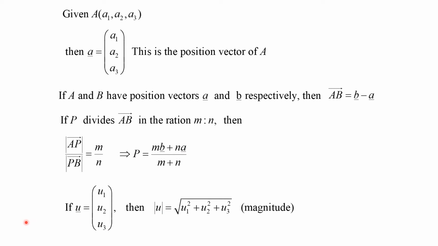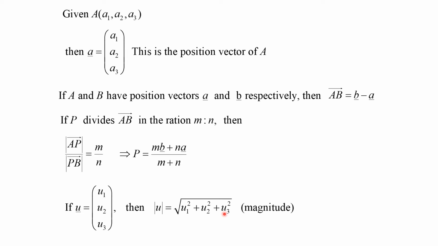And next, if you have a vector U, for example, with U1, U2, U3 as the components of the vector, then modulus U, which is also known as magnitude, can be identified simply by using this formula: the square root of U1 squared plus U2 squared plus U3 squared, so you take the sum of the three components being squared.